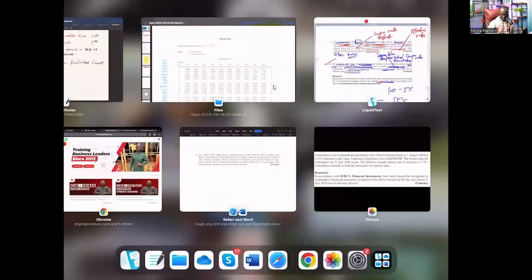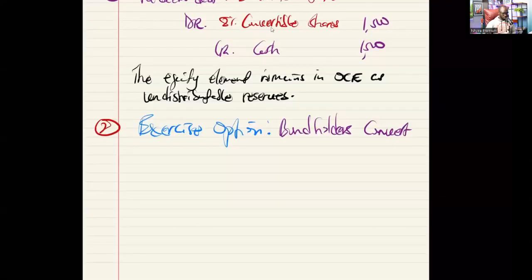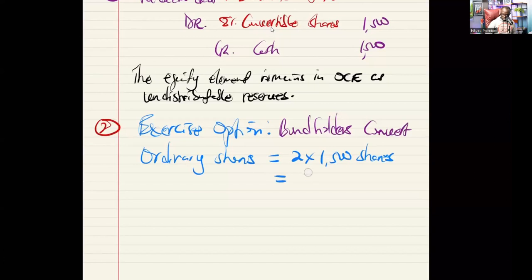Okay. So the ordinary shares they are going to get will be 2 times 1,500 shares, right? Because they issued 1.5 million shares. And so they will get 3,000 ordinary shares.